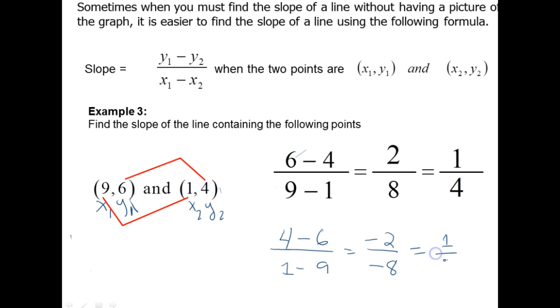At the end of the day, we still end up with the slope being 1 over 4. A negative divided by a negative gives a positive slope. So it doesn't really matter which point you start with, as long as it's consistent.